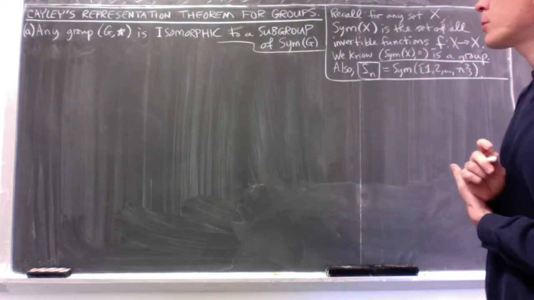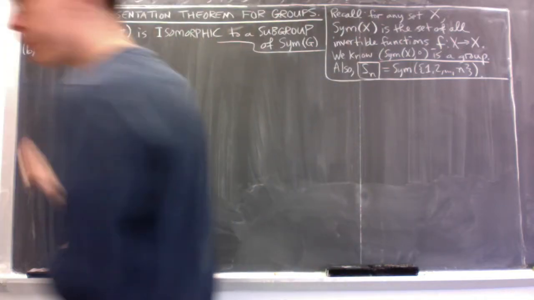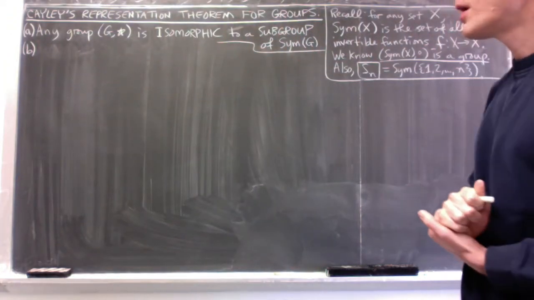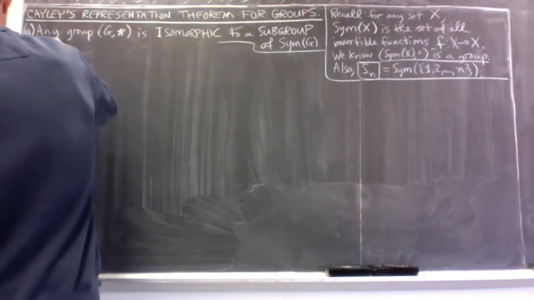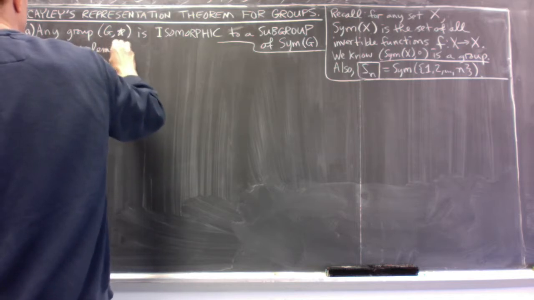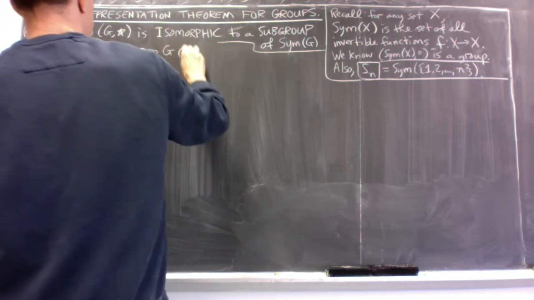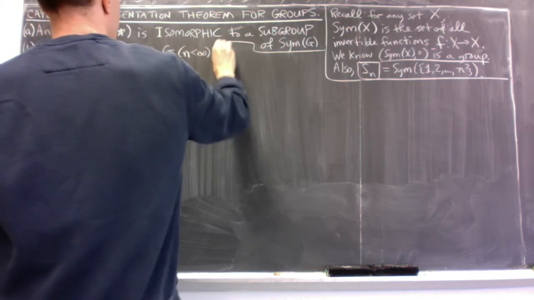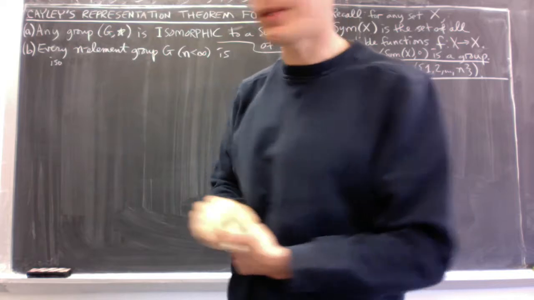Completely arbitrary group. On the other hand, part B: if it's a finite group, I will say that every n-element group G, so n less than infinity, is isomorphic to a subgroup of Sn.